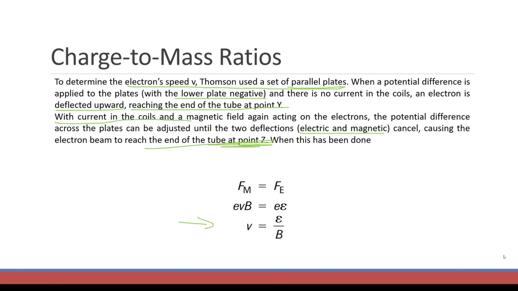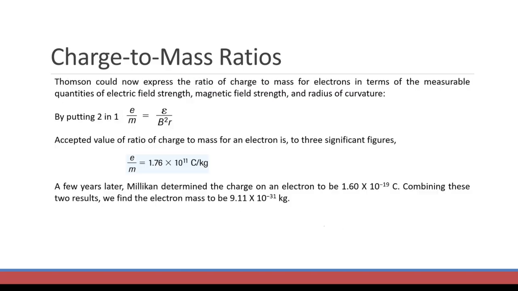From Fm equals Fe. And so Thomson could now express the ratio of charge to mass for electrons in terms of the measurable quantities of electric field strength, magnetic field strength, and radius of curvature.